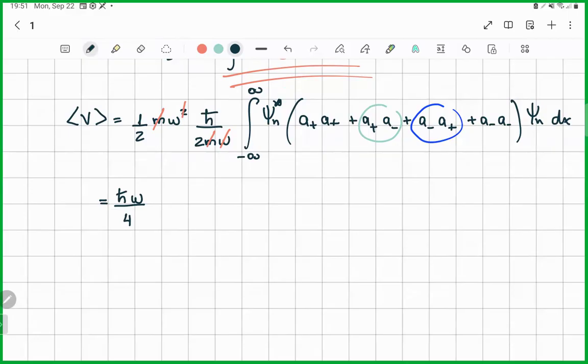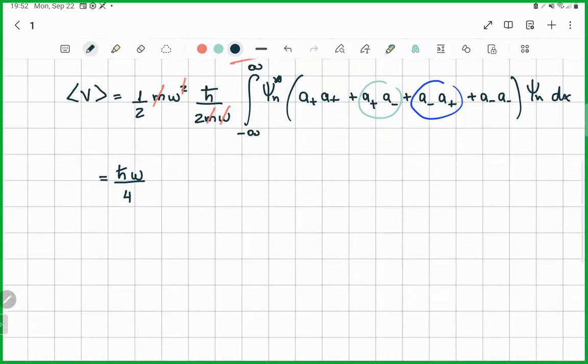Good. So now let's go term by term on those terms above. First let me discuss with you what a plus acting on psi n does. We found in one of the previous videos that this is square root of n plus 1 psi n plus 1.